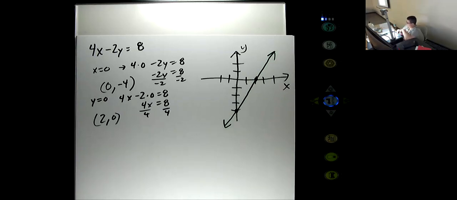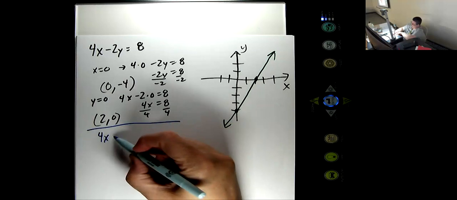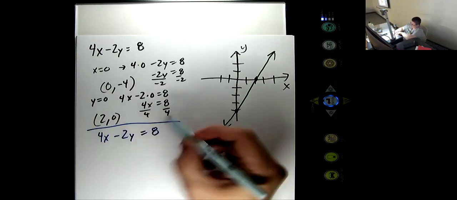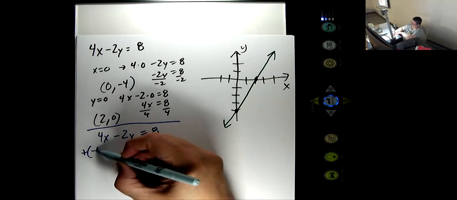Right? So for the other method, got 4x minus 2y equals 8. I'll start off by, what I'm doing is I'm adding negative 4x to both sides.